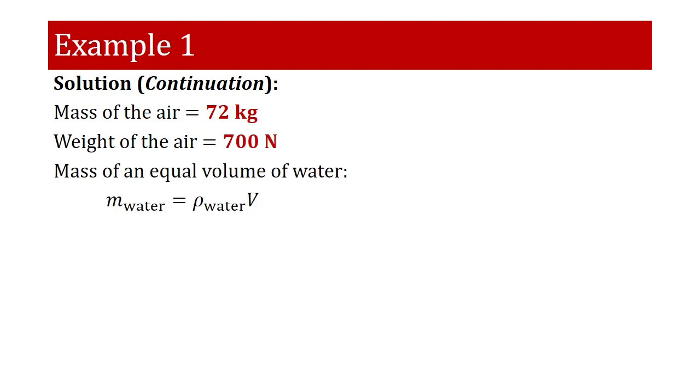Next, we are going to find the mass of an equal volume of water. So, using the same formula, mass of water equals density of water times the same volume of water.